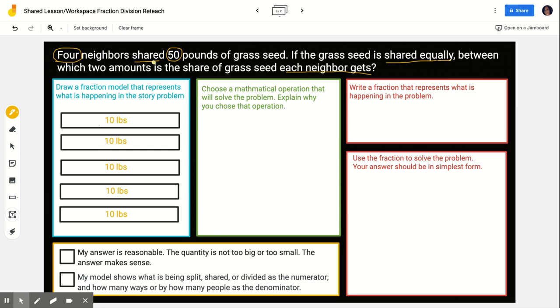Now, I did not want to draw 1 pound models 50 times. So instead, I just got a little creative with how I was going to model it, and I did 10 pound models instead. It's being shared 4 ways. So first, I know that I could get a different color. Just grab black.